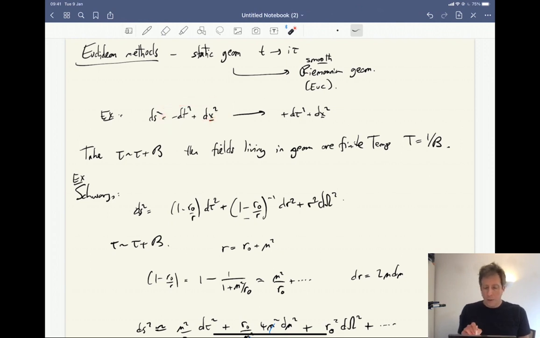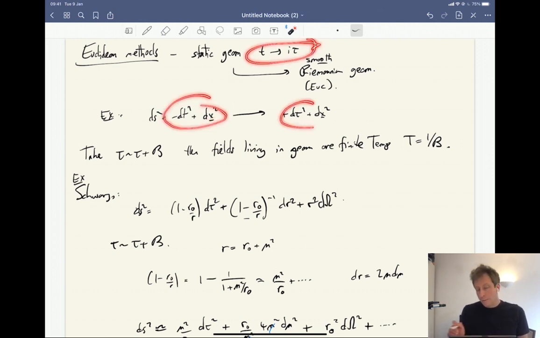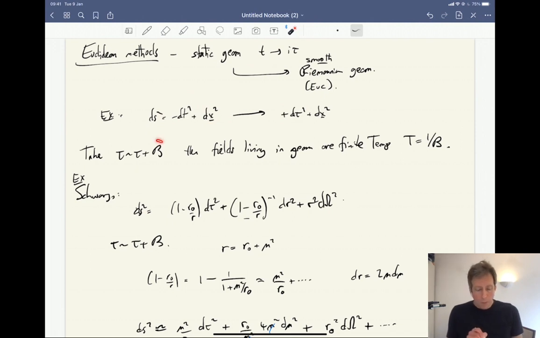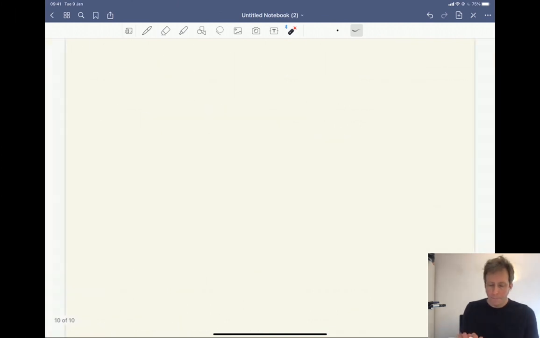When we do this continuation in the bulk, it also Euclideanizes the boundary. And when we make this identification, it also makes the boundary have periodic Euclidean time. So our CFT is now living on a Euclidean space at finite temperature with a periodic Euclidean time. So this Hawking temperature, say I've got a black hole in the bulk with this temperature here, matches the temperature of the boundary CFT. They're both at the same temperature.